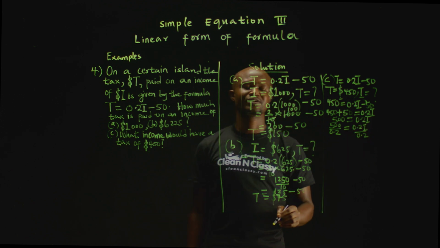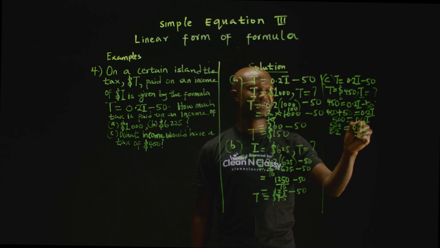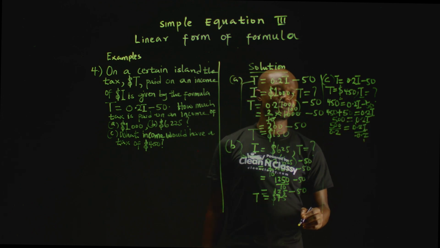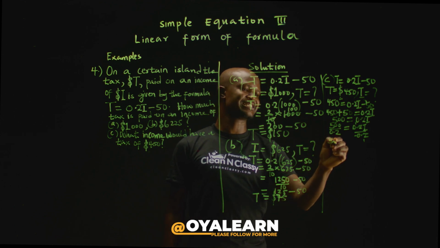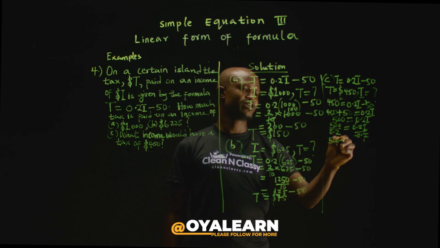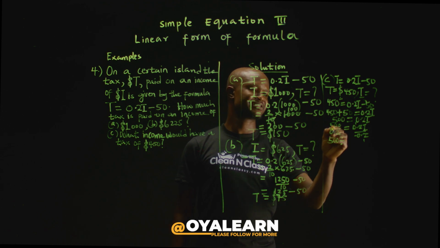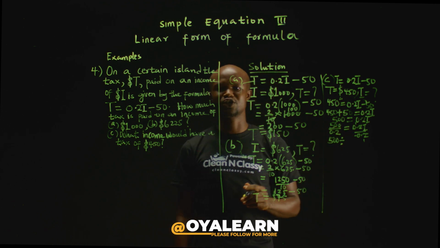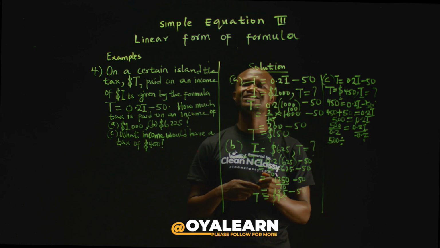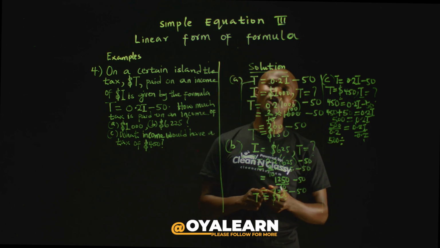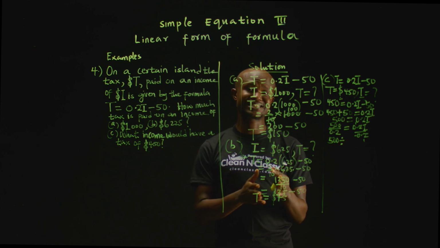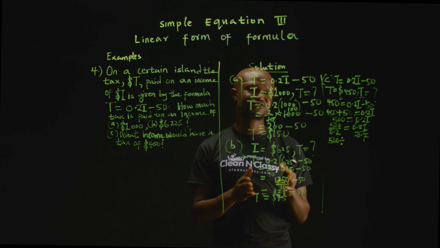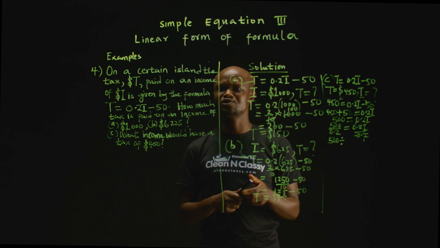The 0.2 here over 0.2 is 1. So it means that 500 divided by 0.2, we can write this using the division symbol to represent the division line. And 0.2 is a number that is less than 1, and that can be converted to a proper fraction. What is 0.2 as a proper fraction?